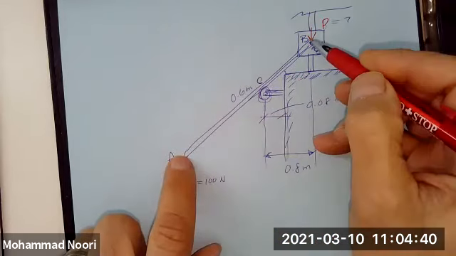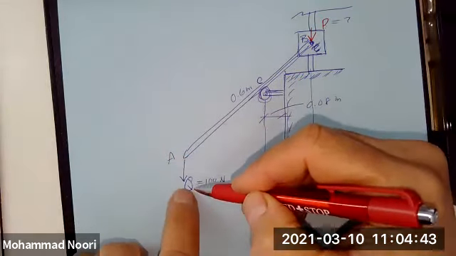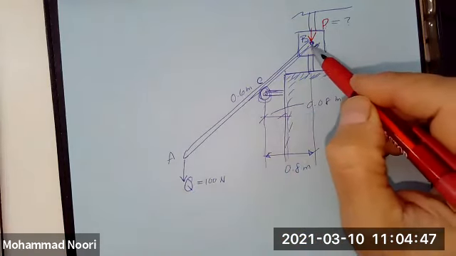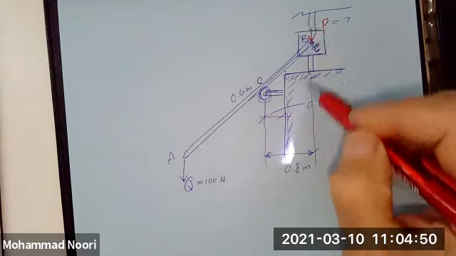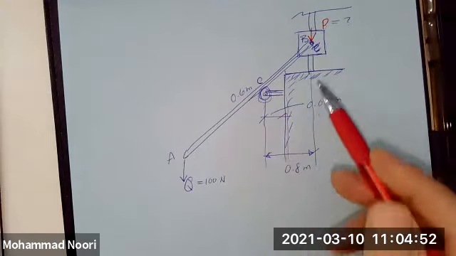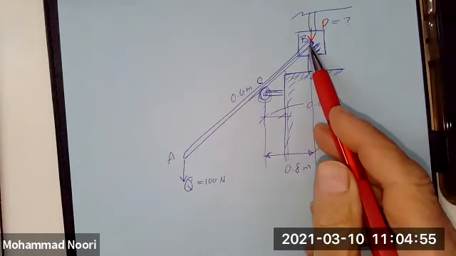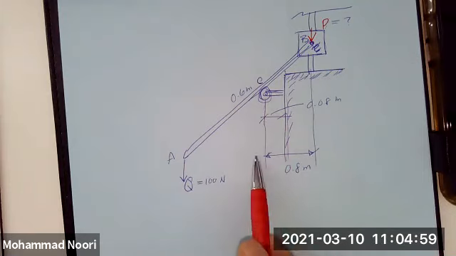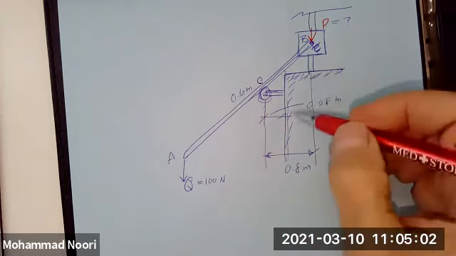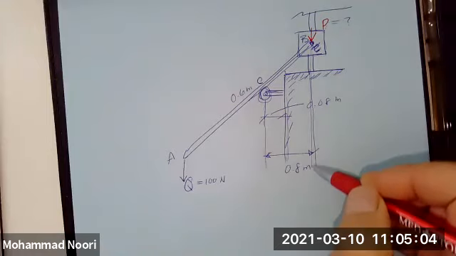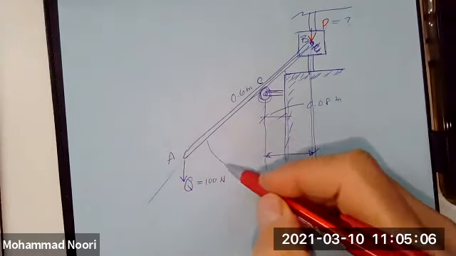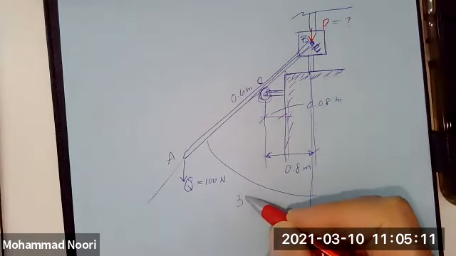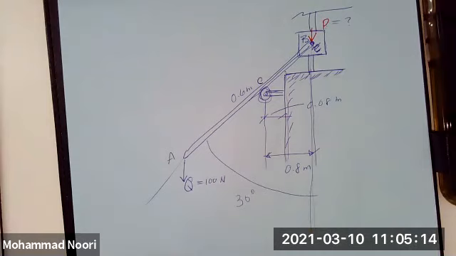And this bar at one end is subjected to 100 Newton force. And at the other end, P is pinned to this piston that can go up and down. The distance from the center of this piston to where this roller is given, 0.8 meter. The angle between this rod and this vertical line is given, 30 degrees, okay?